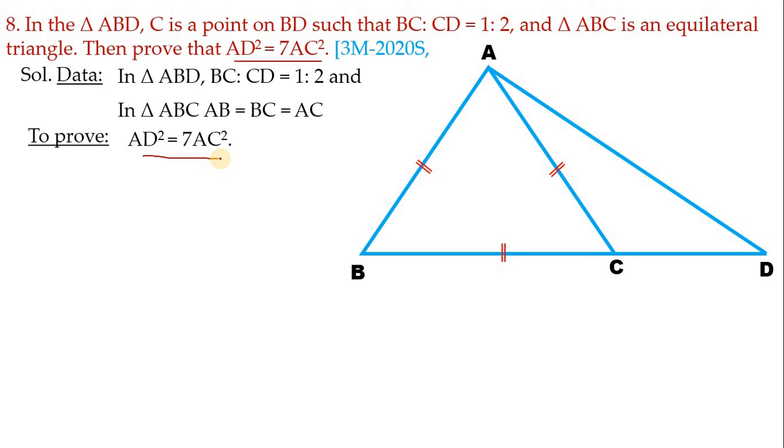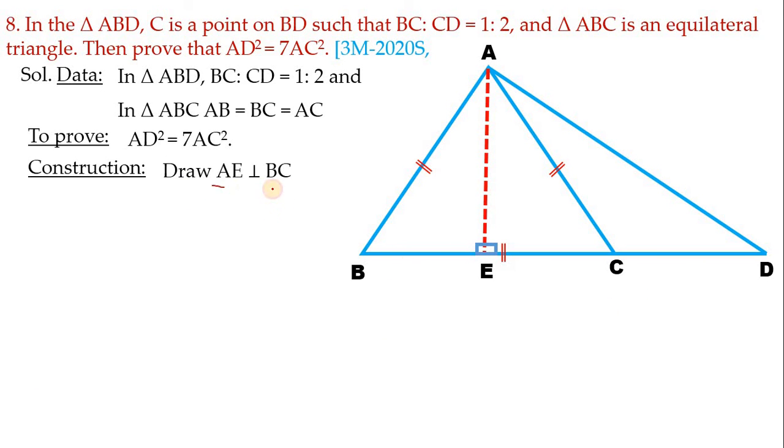Next is construction. So what is the construction here? Draw AE perpendicular to BC. So just look at the figure. This. Draw AE perpendicular to BC. That you write in construction. Next step is proof.